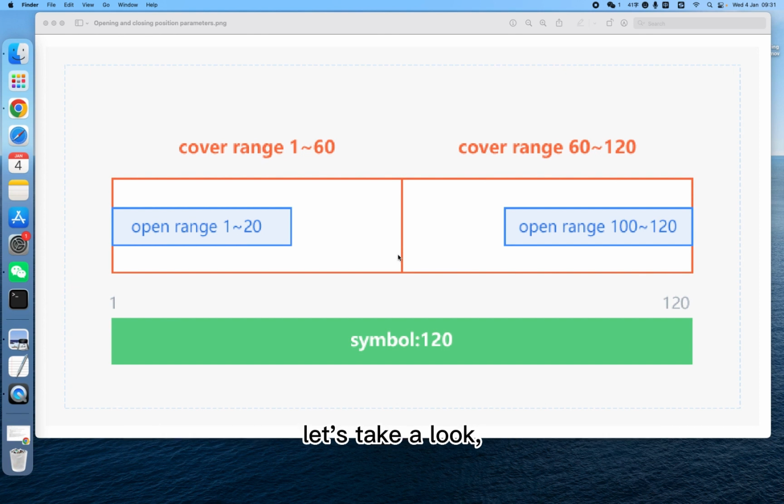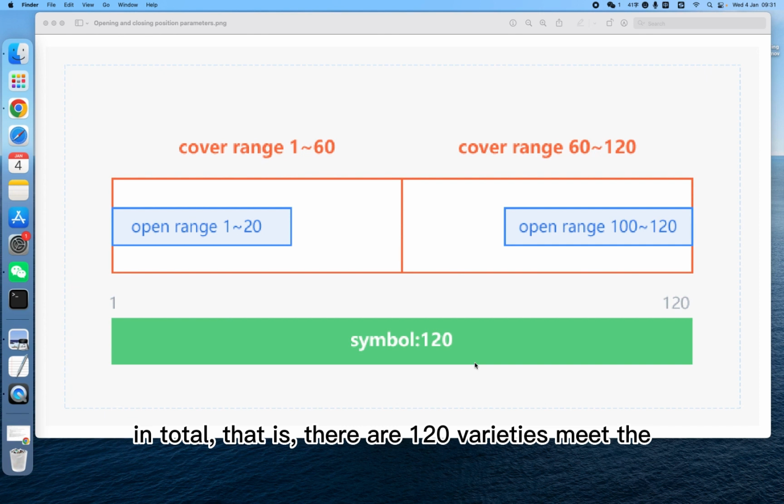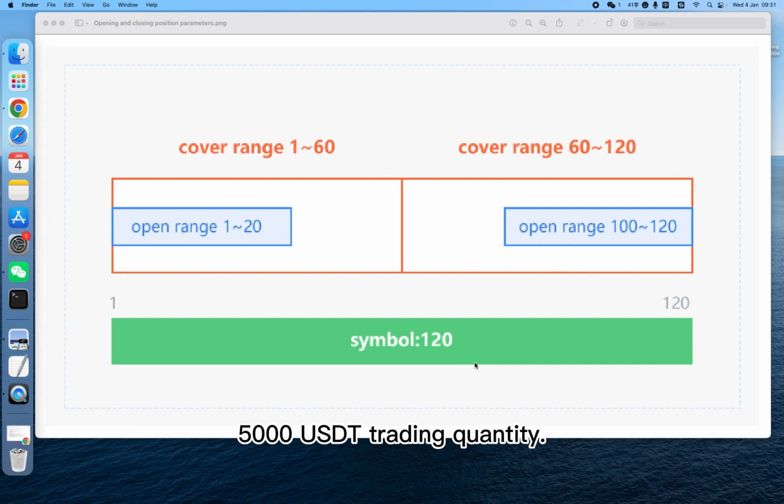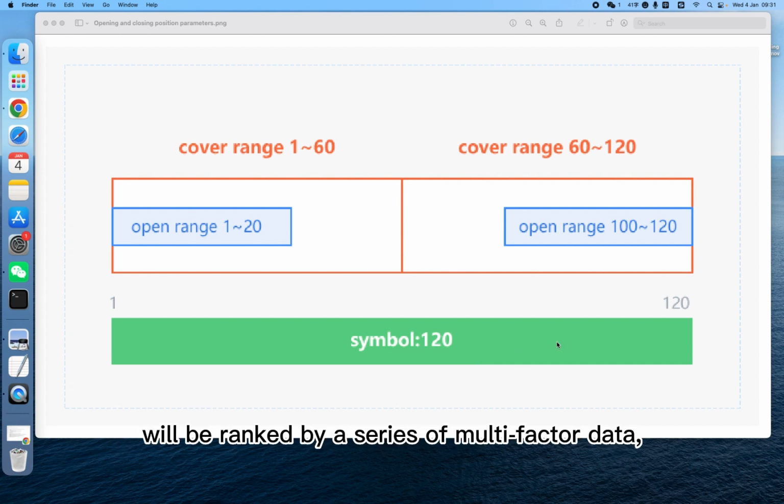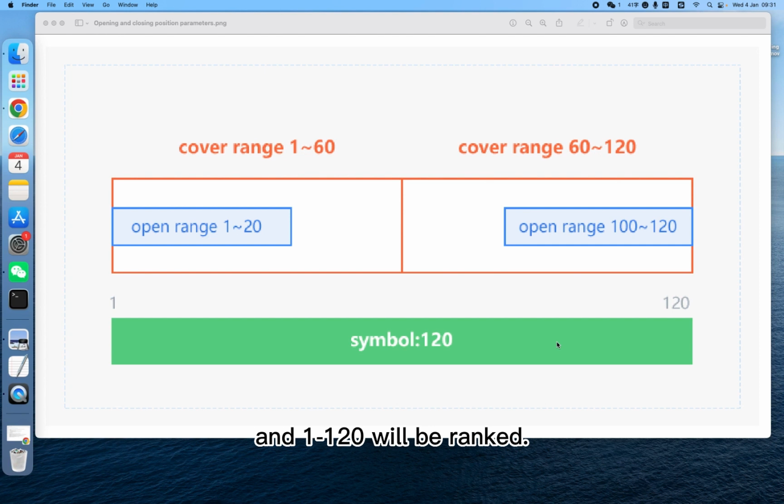Let's take a look. For example, there are 120 symbols in total. That is, there are 100 varieties that meet the 5,000 USDT trading quantity. If we set the size of the opening position group to 20 and the size of the closing position group to 60, it means that all varieties will be ranked by a series of multi-factor data, and 1 to 120 will be ranked.